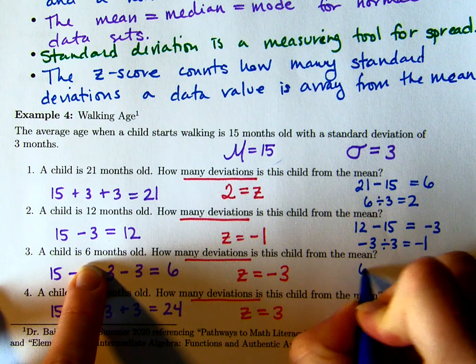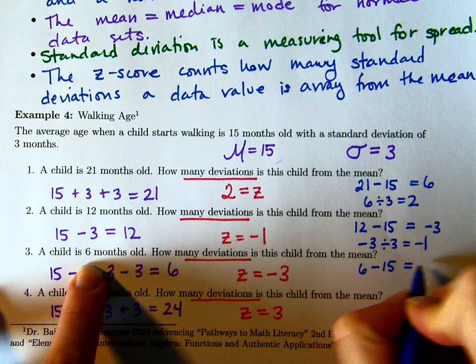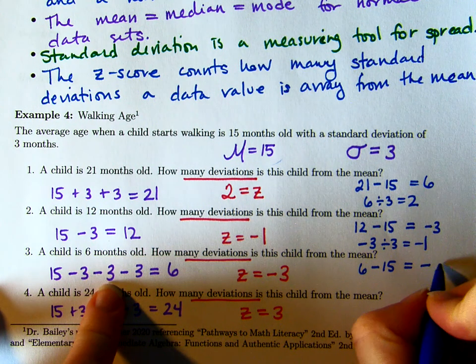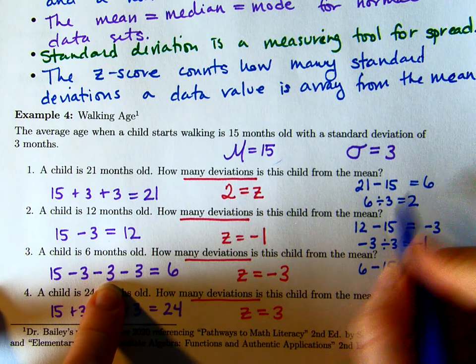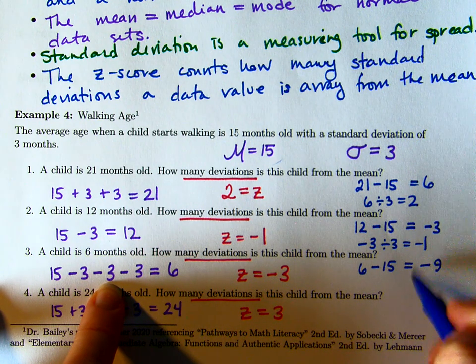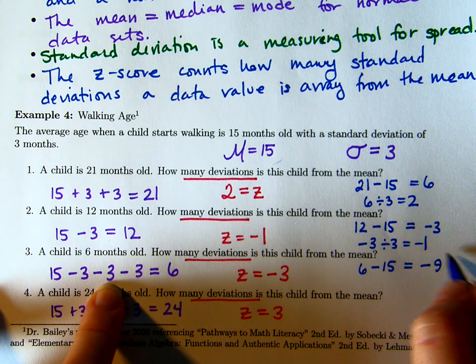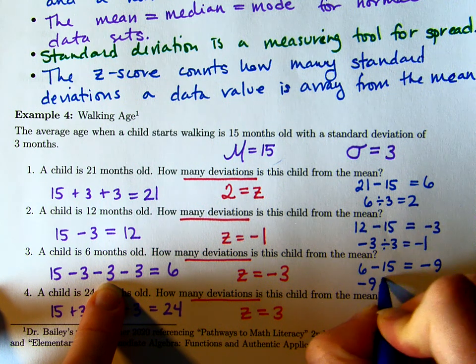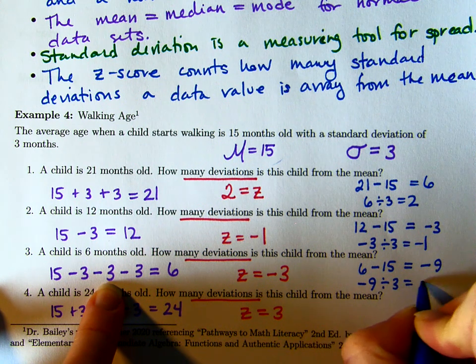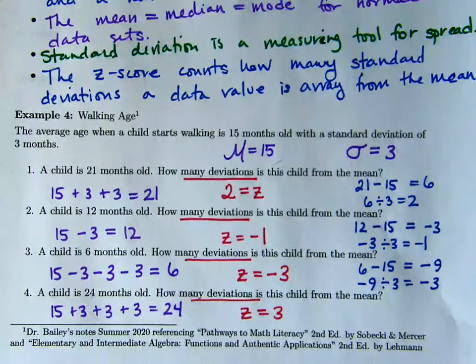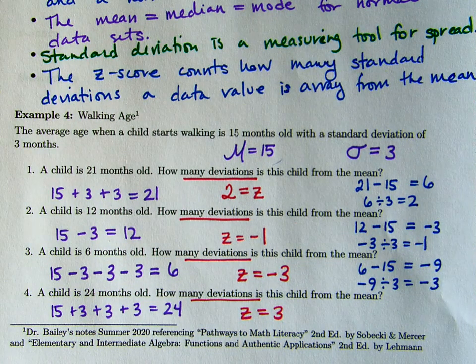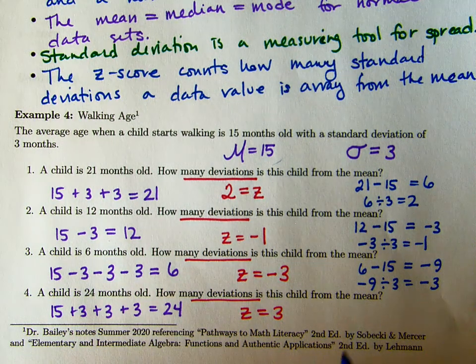Well, 6 take away 15 is -9. How many sets of 3 are there in a debt of 9? Well, that's 3 sets of debt or however you want to interpret that. Negative 9 divided by 3 is -3.